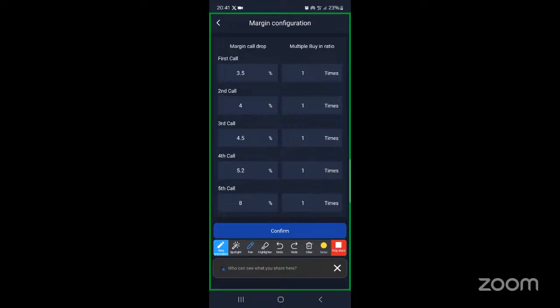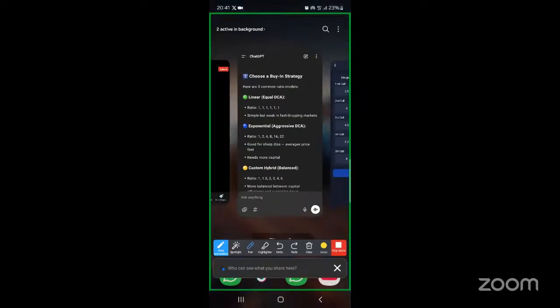When the market goes down, we want to buy more at a discounted price. We want to acquire a lot more coins at a lower price. This helps us to move out of the market fast. This protects our capital and ensures that our capital doesn't depreciate quickly. All right?